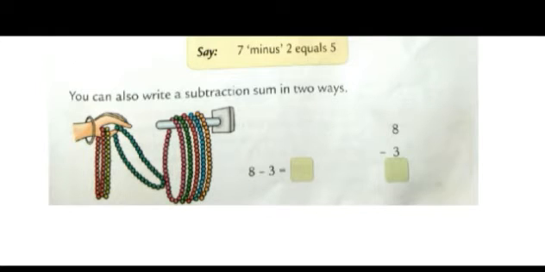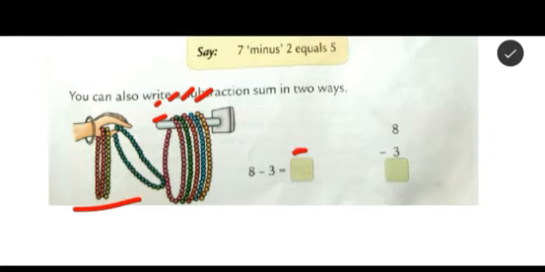Just see this. 8 minus 3. 8 bangles were there, total 8 bangles. Out of that, 3 bangles are taken away. So, how many bangles are left now? Let's count together. 1, 2, 3, 4, 5. 5 bangles are left.